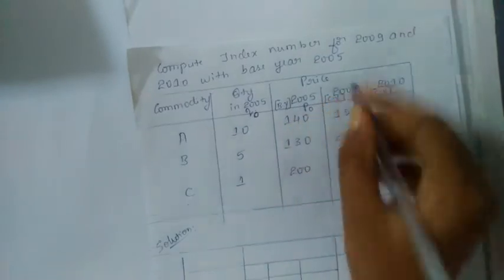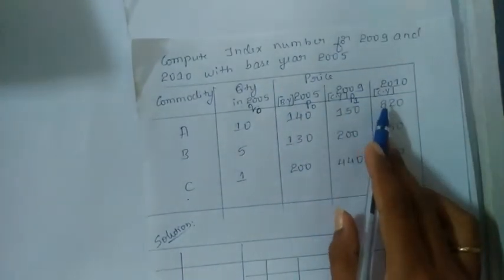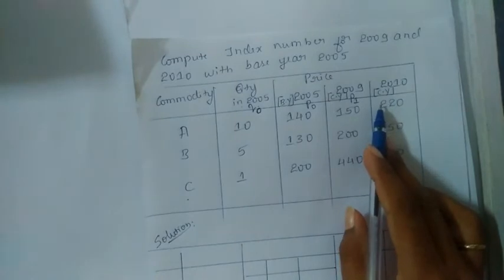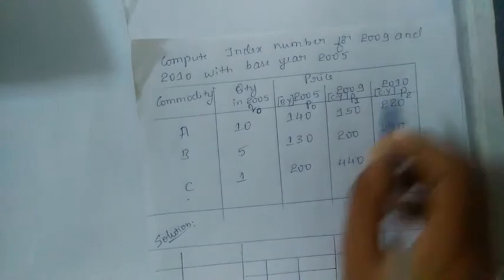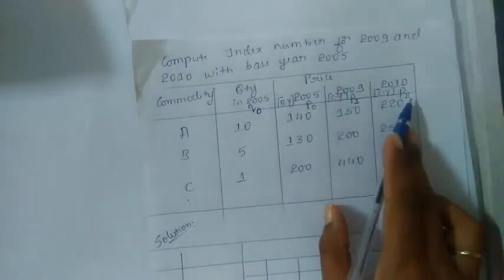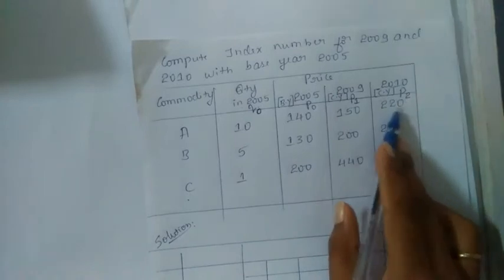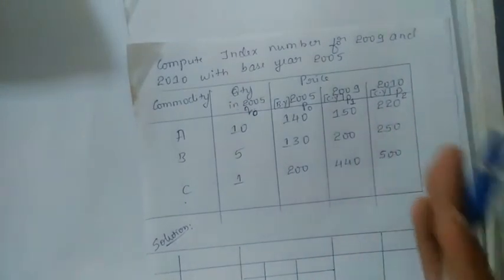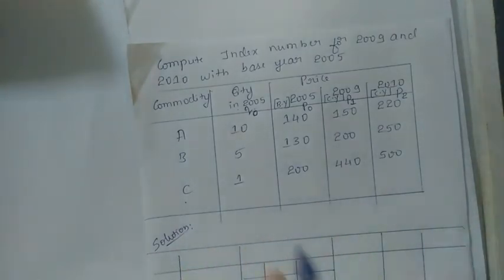Current year price is P1. Here another current year price is there, so you consider it P2. If they give another current year price, that is considered P3. Like that, you have to consider P1, P2, P3.